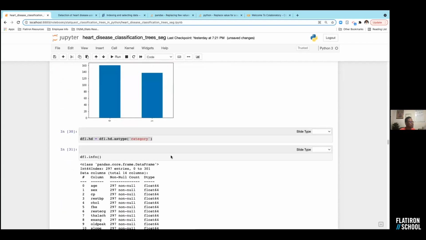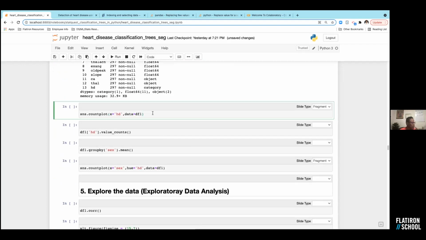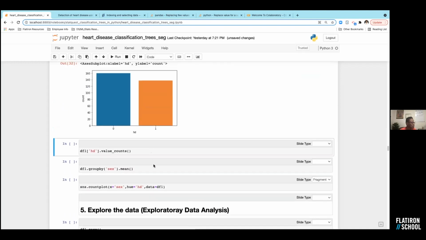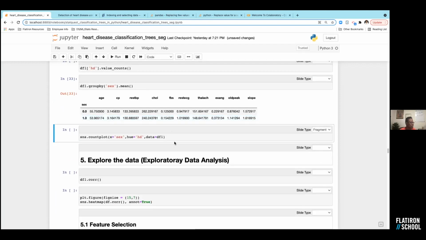Now we have changed it to a category. And now we can do a bunch of stuff, which is usually part of your exploratory data analysis, even though I have that labeled down there. It just helps you to see what is going on. I don't know why I did that several times, because I already knew that. I think I just moved the code around unnecessarily.